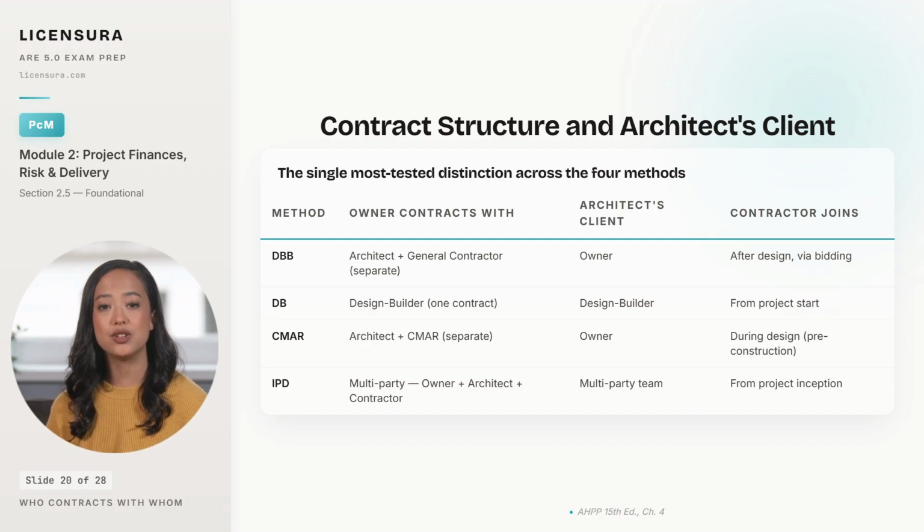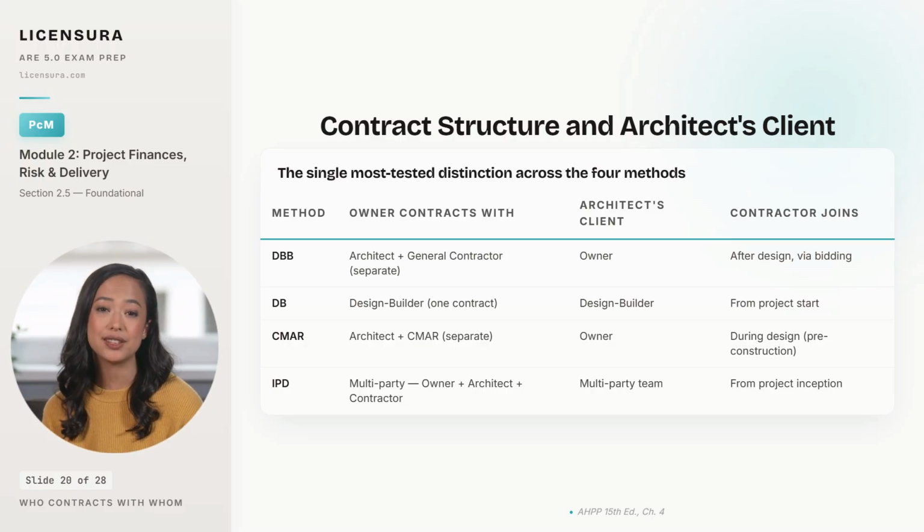The owner holds two separate contracts, just like DBB, but the construction manager is brought in during the design phase rather than after bidding, and the architect's client remains the owner throughout. IPD. The owner, the architect, and the contractor all sign one multi-party agreement together. The architect's client is essentially the team rather than any single party, and all three are engaged from project inception.